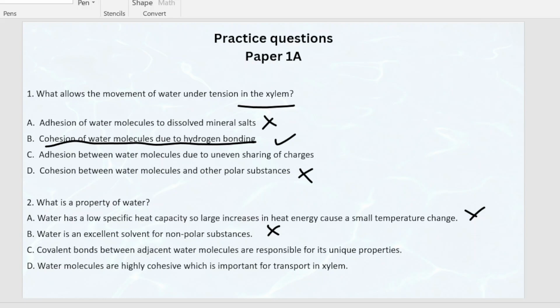Covalent bond is not found between molecules. Usually to understand, the keyword is found within. So that's not the correct answer. The water molecules are highly cohesive, which is important for transport. So take note of how you answer these questions on water. Look for the keyword. This is what the exams test.